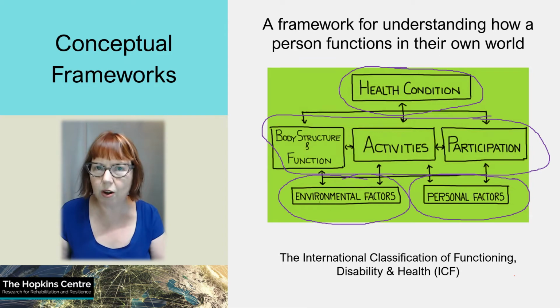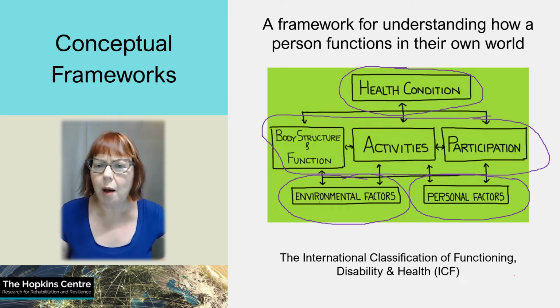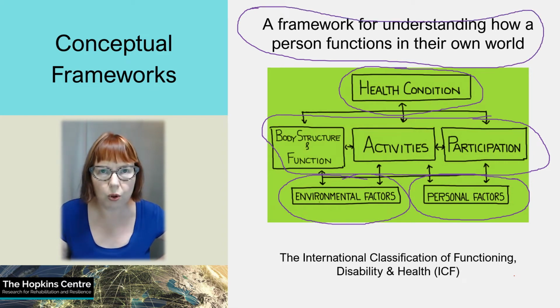When we're taking the ICF at this very broad level, at the conceptual framework level, so at the widescreen, citywide view, if you think of it like that, what's the outcome? Well, I think it's a framework for understanding how a person functions in their own world. So I think that that's the essence of the outcome that this framework is addressing.